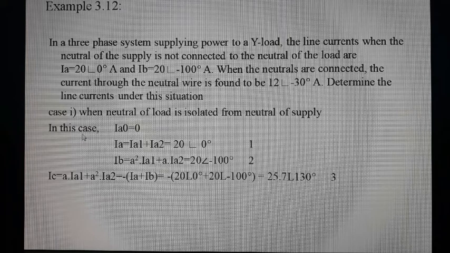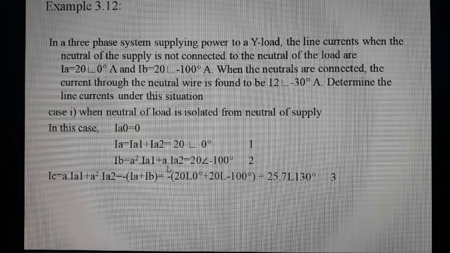We have to consider two cases. Case 1, when the neutral of the load is isolated from the supply. Then in this case Ia0 is 0. When the neutral wire is not there, the zero sequence component is not there, so Ia0 is 0. Ia is Ia1 plus Ia2, which is 20 at an angle 0, as given.